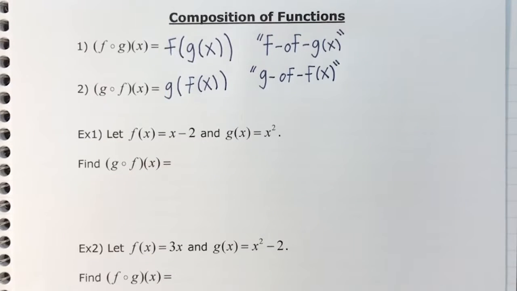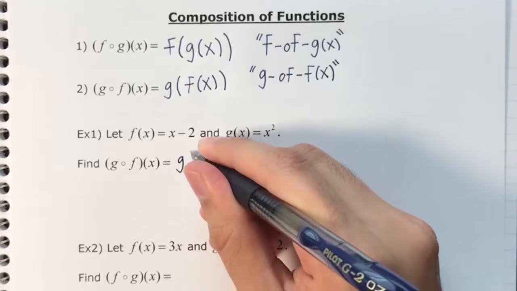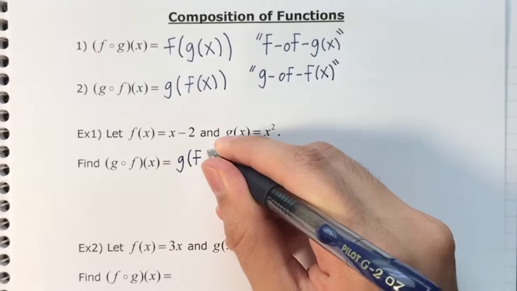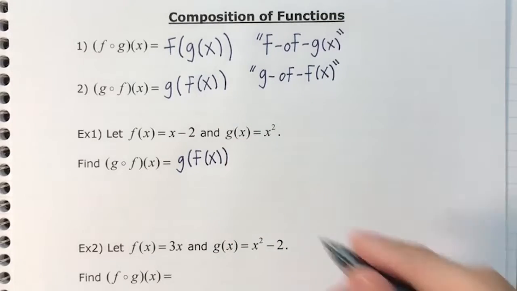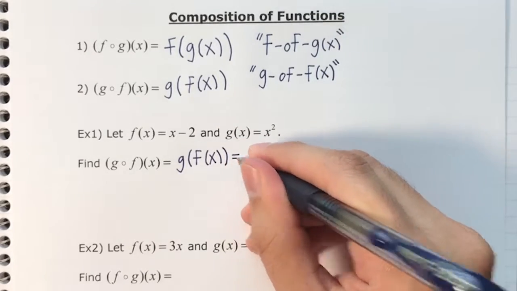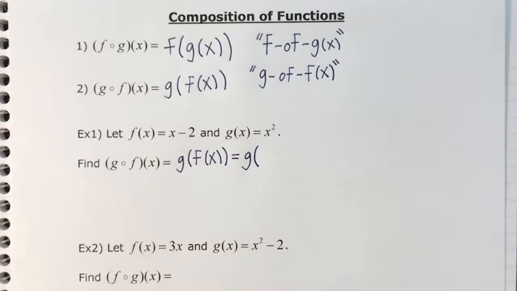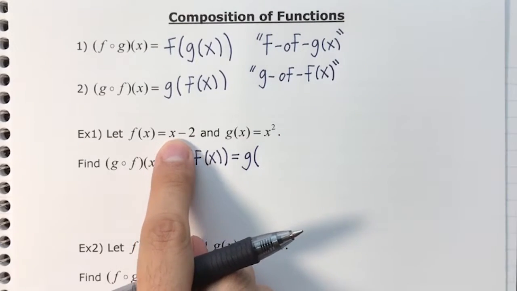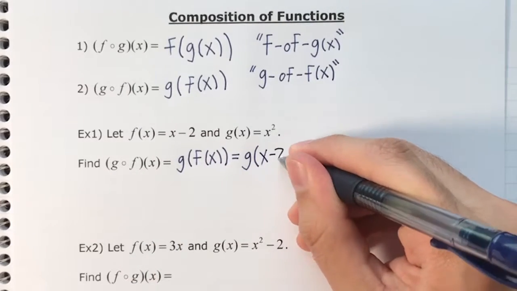Let's always start with writing the formula. So the formula is g of f of x. g of, what is f of x? Here it's x minus 2. So let's put x minus 2.